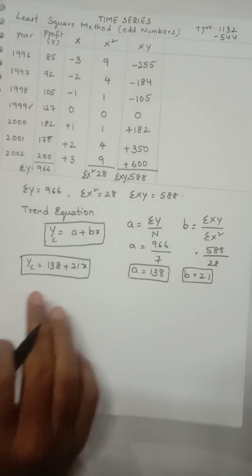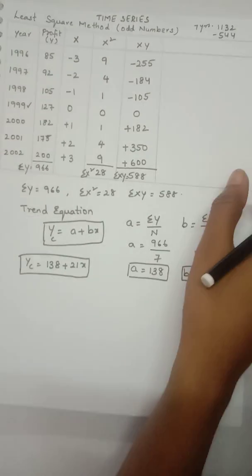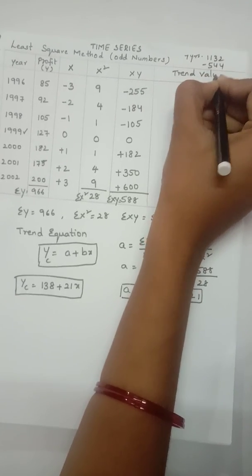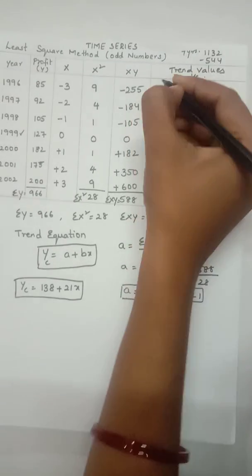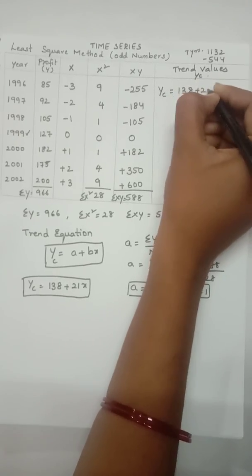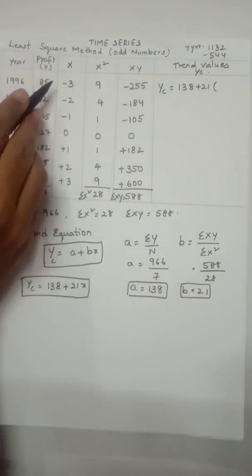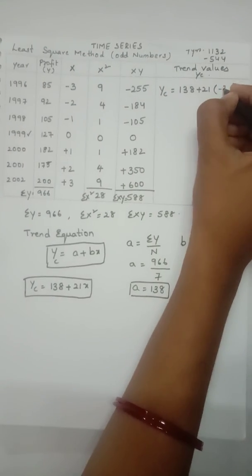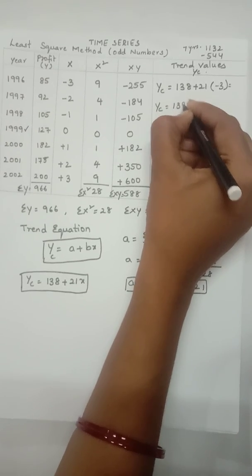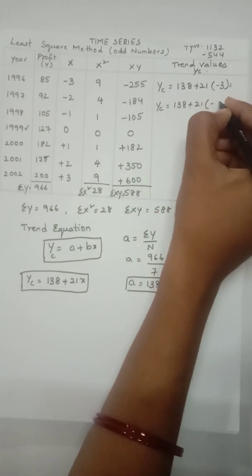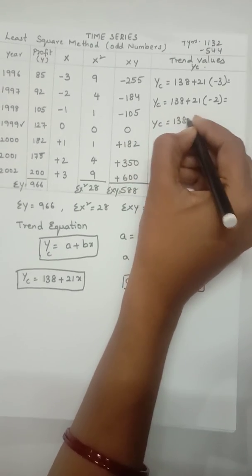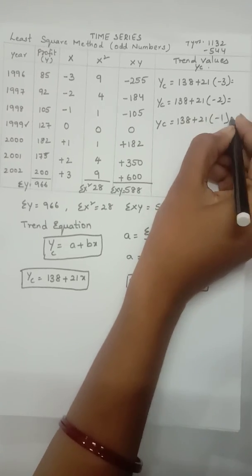Now we need to substitute the x values to find the trend values, the yc values. That is, yc is equal to 138 plus 21 of minus 3. Next, yc is equal to 138 plus 21 of minus 2. Next, 138 plus 21 of minus 1.